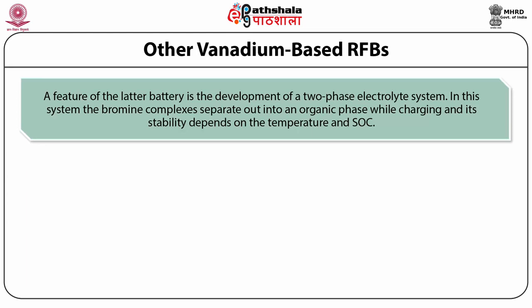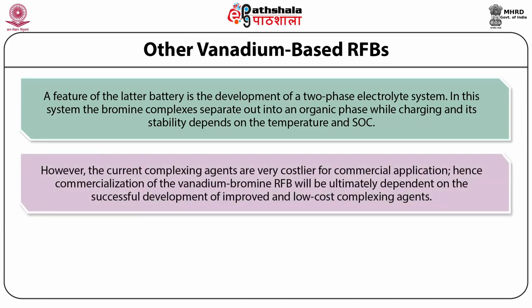In this system, the bromine complexes separate out into an organic phase while charging, and its stability depends on the temperature and SOC. However, the current complexing agents are very costly for commercial applications. Hence, commercialization of the vanadium bromine RFB will be ultimately dependent on the successful development of improved and low-cost complexing agents.